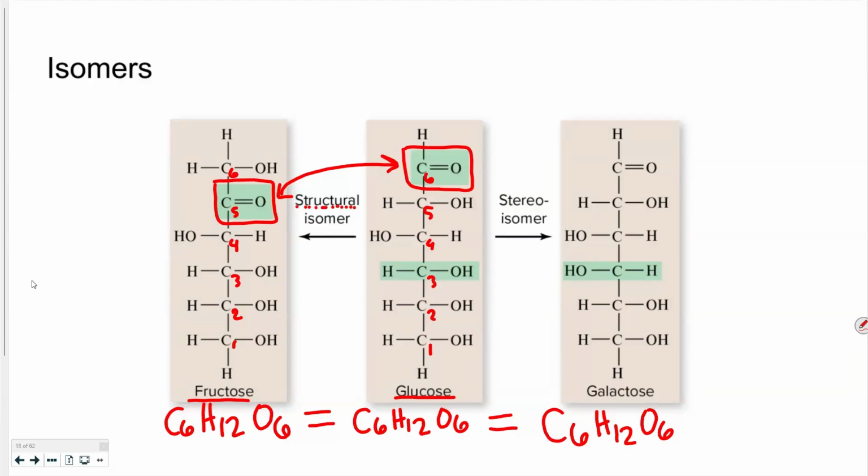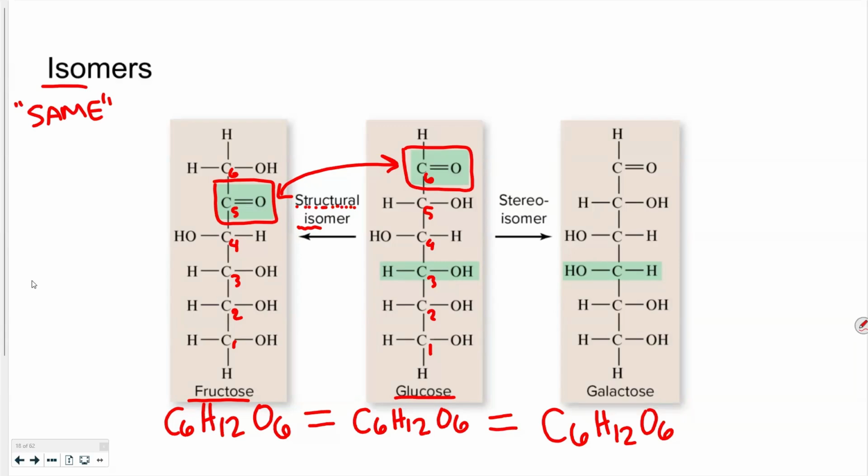They're going to have very different structures. They're going to function in the body differently. Okay, so that's a structural isomer. Iso means same. Okay, we saw that when we were talking about isotopes. So it's the same root.